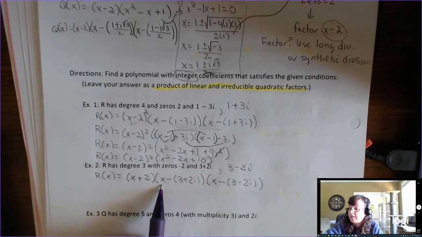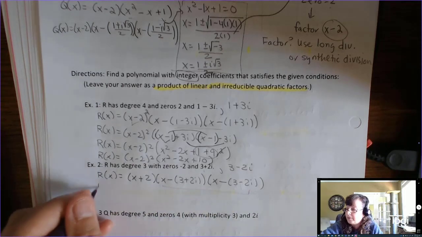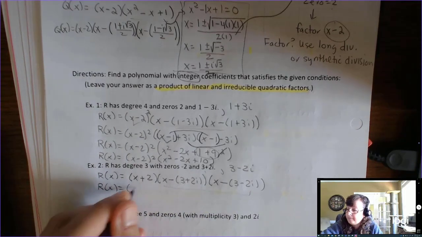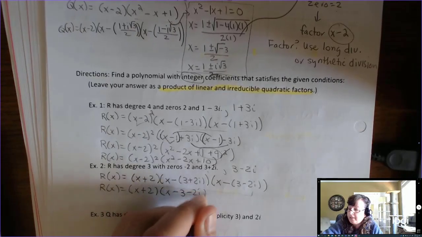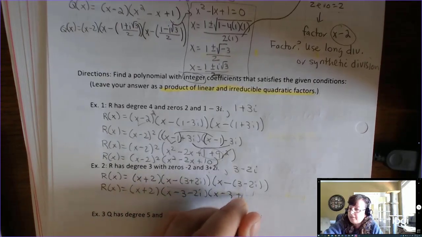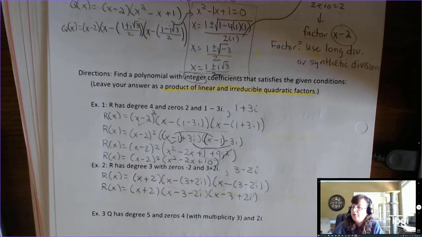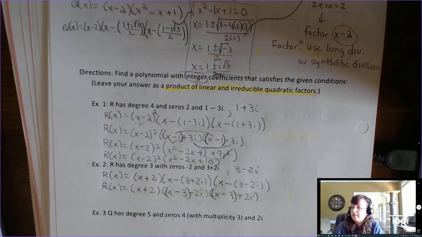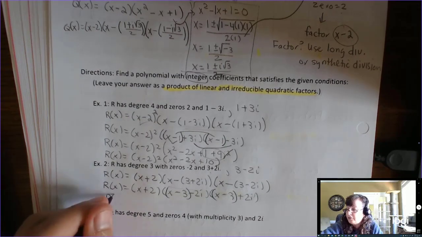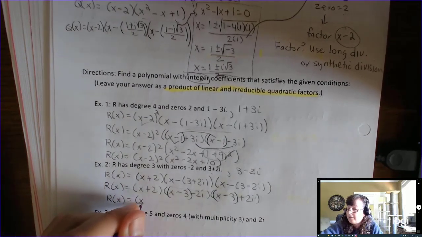All right, now we need to fix this up, so we're going to distribute the negative. So that's x minus 3 minus 2i times x minus 3 plus 2i. We're going to regroup. Put the x minus 3's in parentheses, and that gives you the product of a sum and a difference.